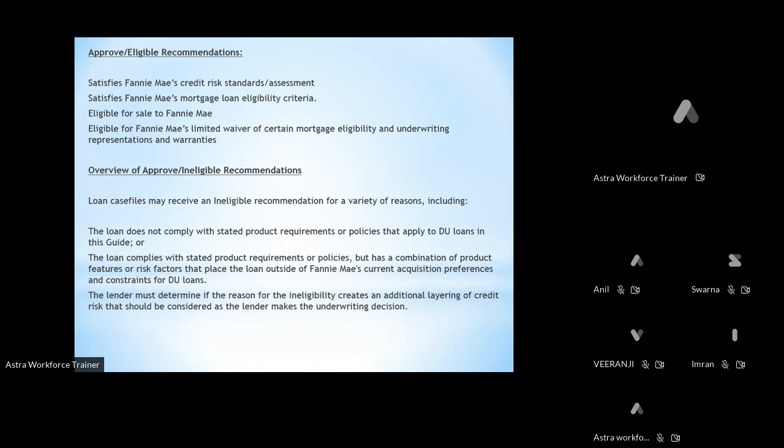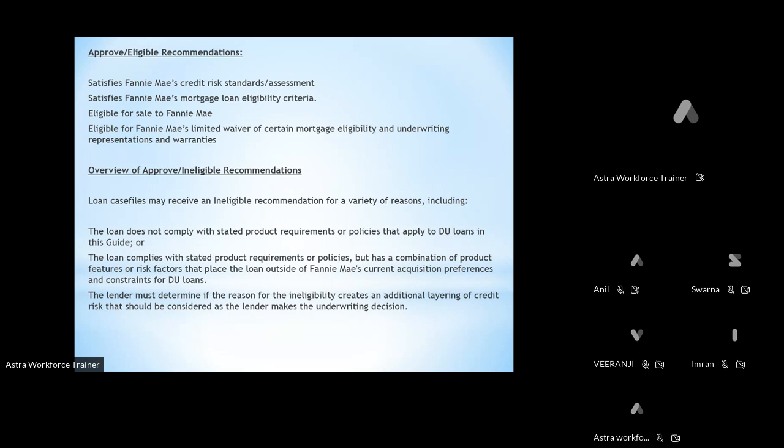And what is the approve ineligible recommendation? The loan case file may receive an ineligible recommendation for a variety of reasons, including the loan does not comply with stated product requirements or policy that apply to DU loans, or the loan complies with the stated product requirement or policy, but has a combination of product features or risk factors that place the loan outside of Fannie Mae's risk standards.